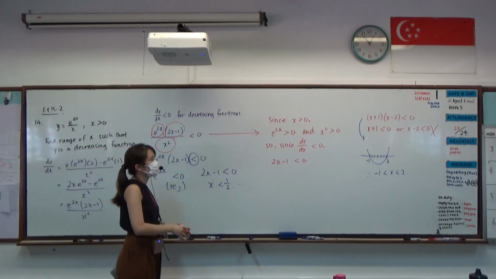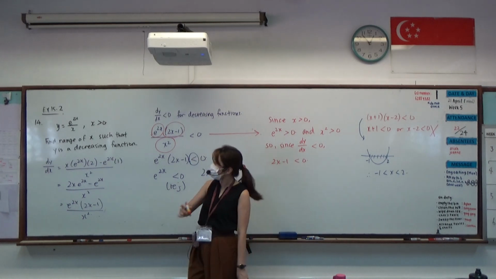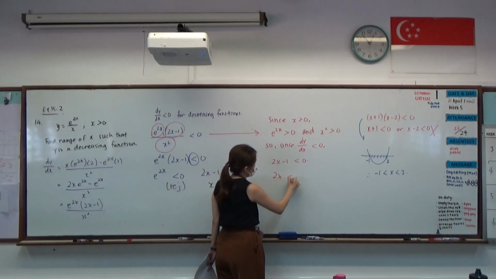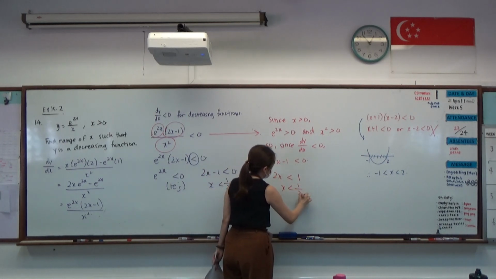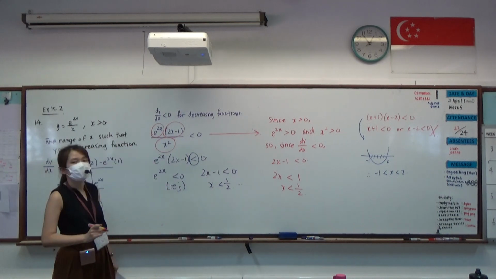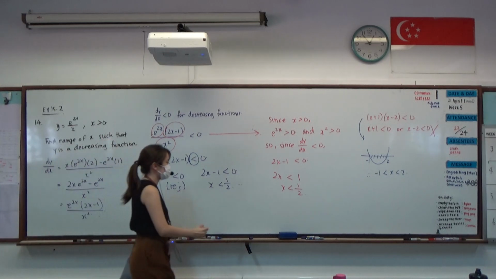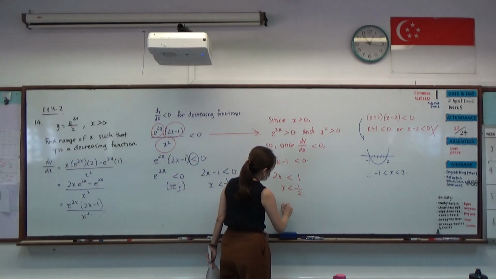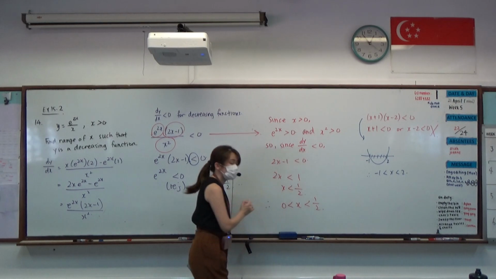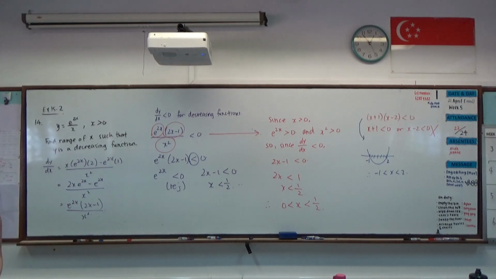If 2x minus 1 is less than 0, the question wants us to find the range of values of x, so we solve our usual inequality and find that x is less than half. But since the question started off saying that x must be more than 0, x must be more than 0 but less than half. Hence, this is the inequality to have as the answer.